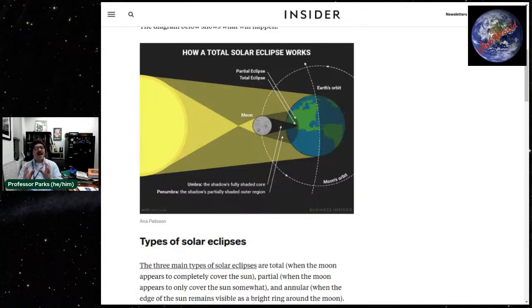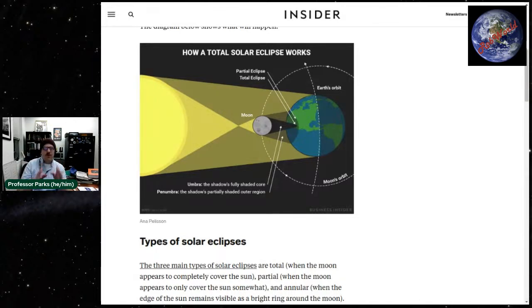The consequence is that at some points in its orbit, it's going to be closer to the Earth than on the opposite side of that orbit. We refer to this as perigee, when the moon is closest to the Earth, and apogee, when the moon is furthest away from the Earth.